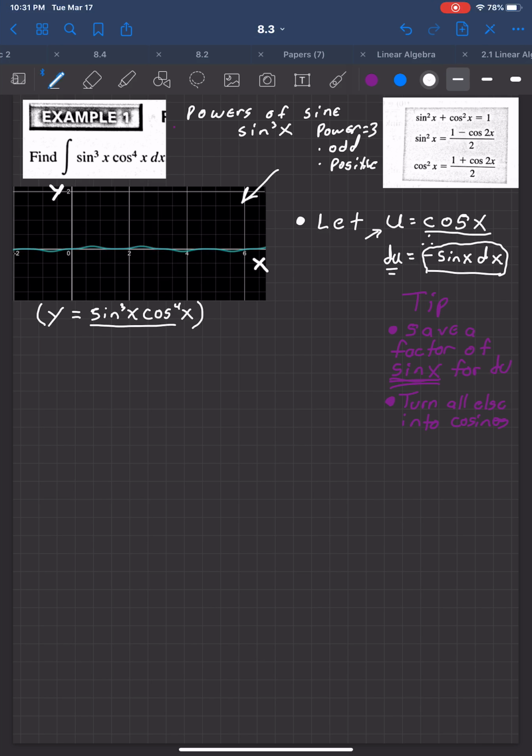Let's jump in. So the first thing I'm going to do is rewrite this integral. I had sine cubed. Look what I'm doing right now. There's a sine squared, and you're thinking, whoa, hold on for a second, Professor, it's not sine squared, it's sine cubed. Yes, I know. And here is this other sine that I was talking about saving.